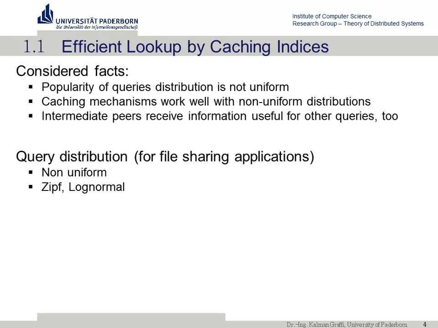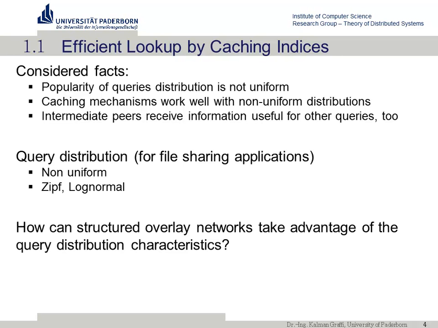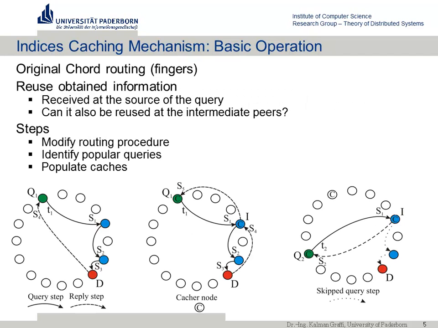For file sharing, we have a non-uniform request distribution, and the requests are Zipf or log-normal distributed. How can they take advantage? The main idea is presented in this picture. Just imagine Chord, and so you also see why Chord is so popular, because every time there's an example with some P2P overlays, they try to refer to it.